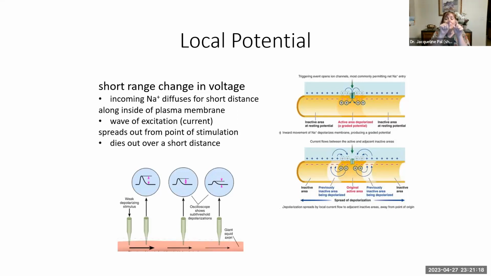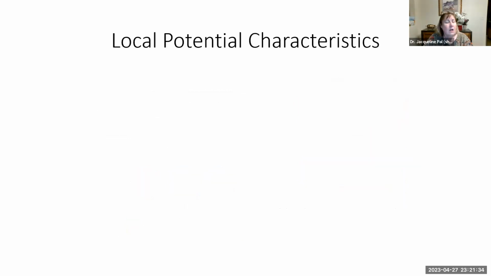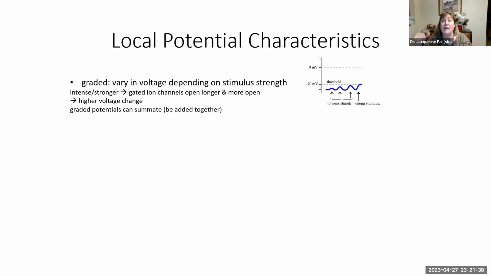And as it's moving further and further away, if you look at the tracing, the bottom left, you can see the impulse is getting lower and lower and lower until the point where the impulses are sub-threshold and won't cause anything to happen. So the characteristics of these local potentials are that they are graded.